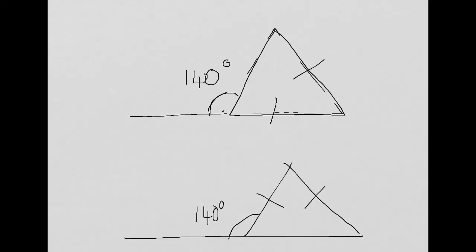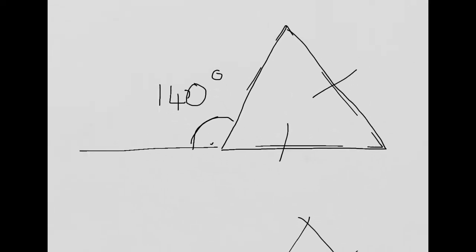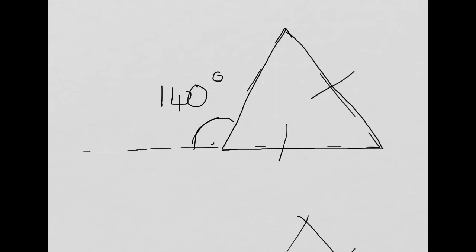Now looking at these angle problems, the first stage I need to work on is, in my isosceles triangle, which angles are the same and which angles are different. Where's that odd angle?